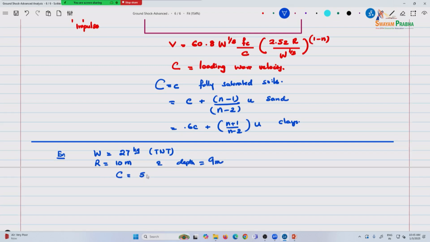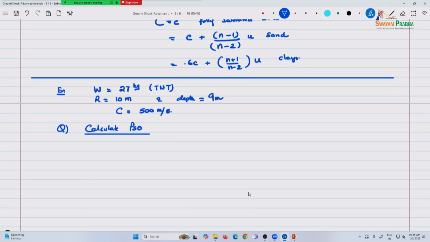C is 500 meters per second. The question is, calculate PSO. You can calculate the impulse also, but calculate the PSO value.